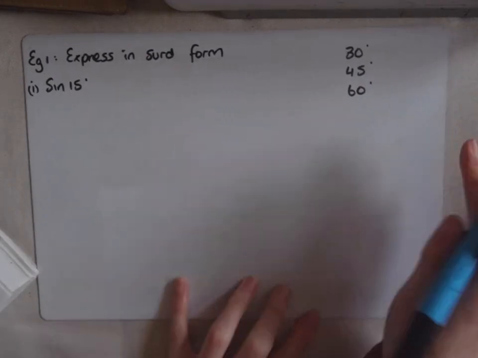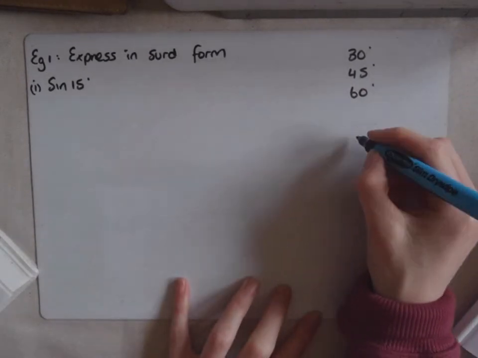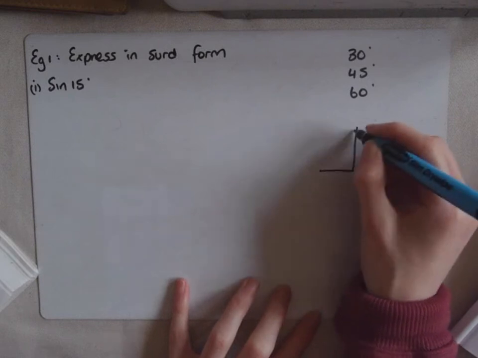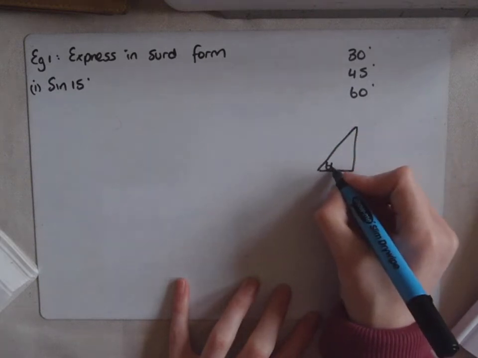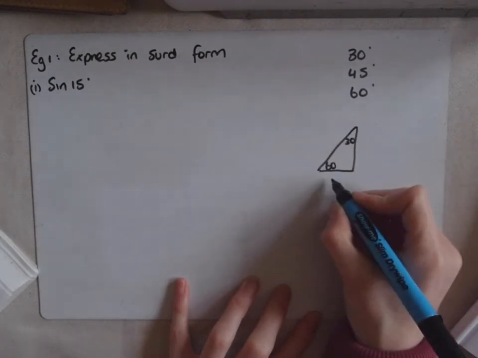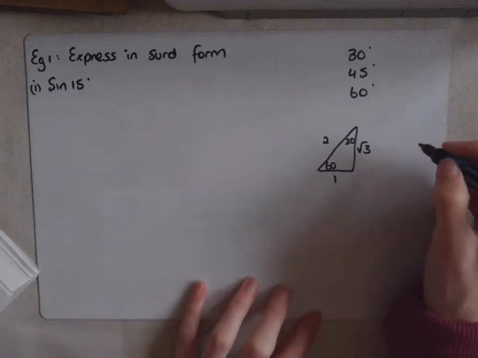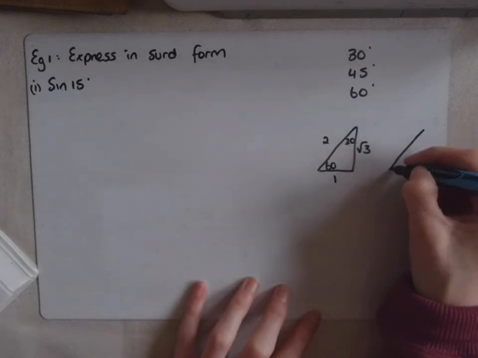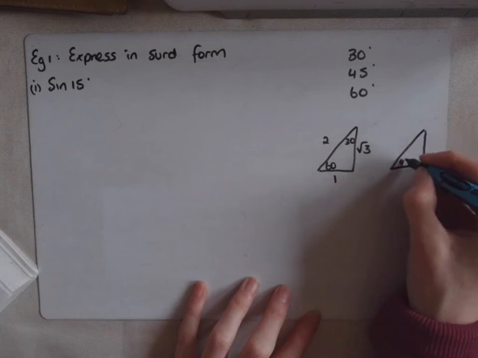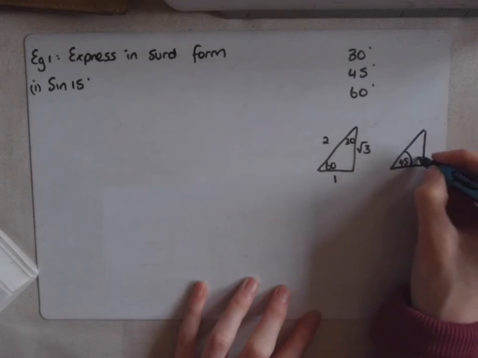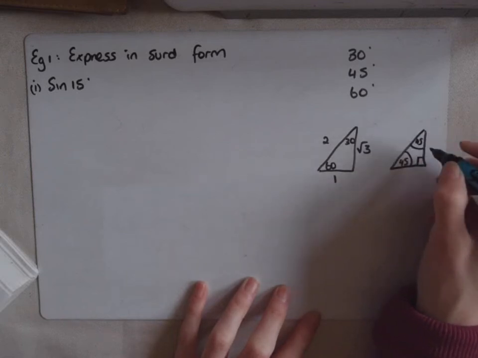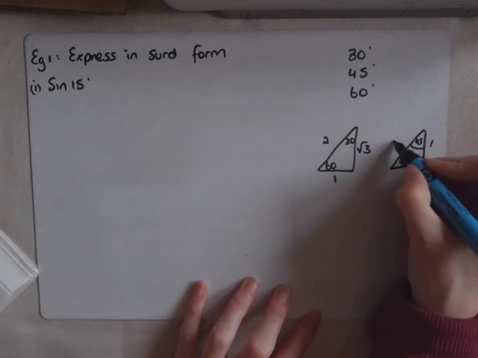And we had our little triangles. So we had our equilateral, this was 60, this was 30, 1, 2 and root 3, and we had our isosceles, 45, 45, and we had 1, 1 and root 2.